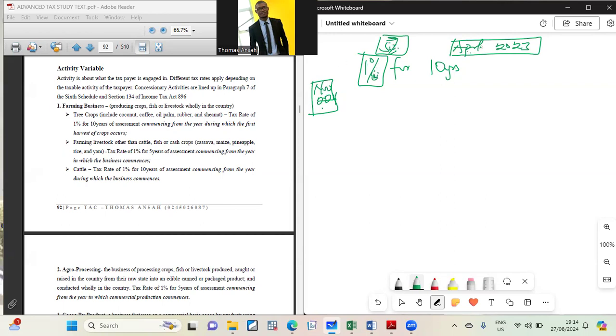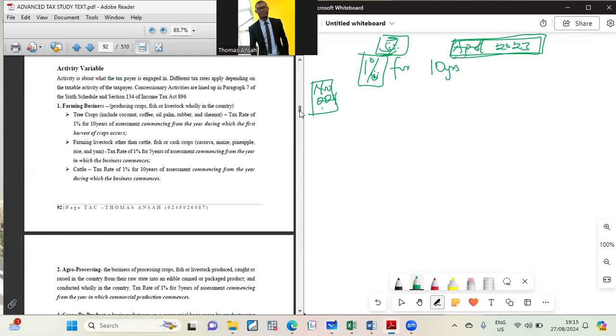Because it actually changed. And from May 2023, this is when the law was actually brought into being. The 1% changed to 5%. So take note of the timing of the question. It's very, very important. Take note of the timing of the question. Very, very key. All right.